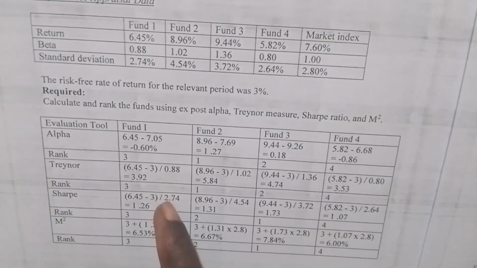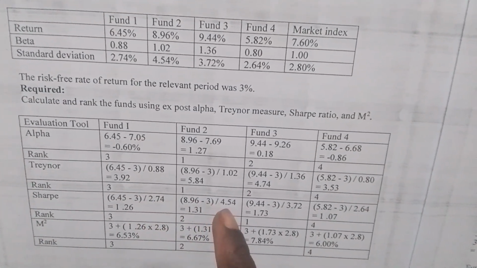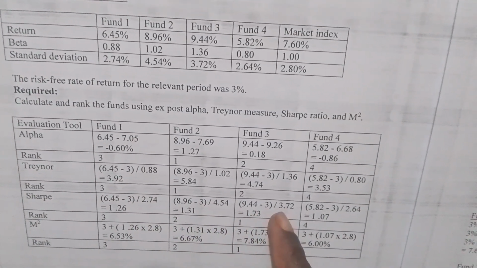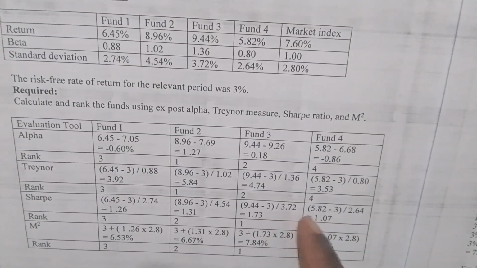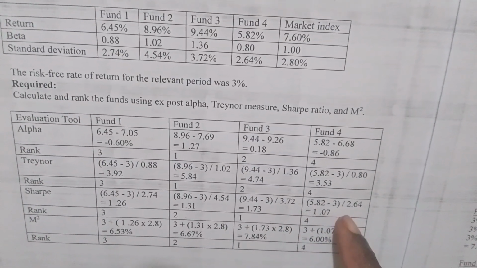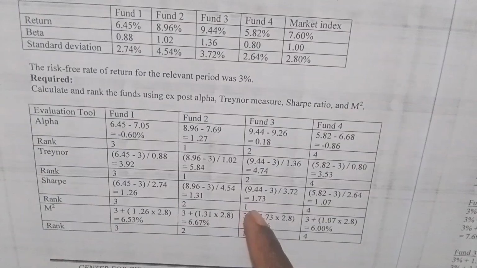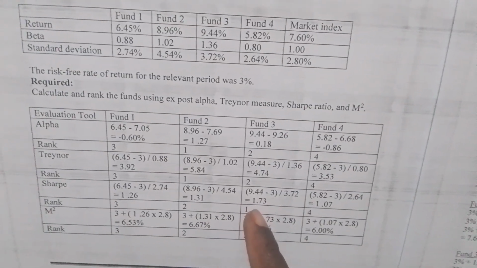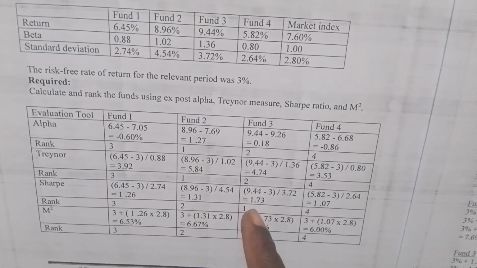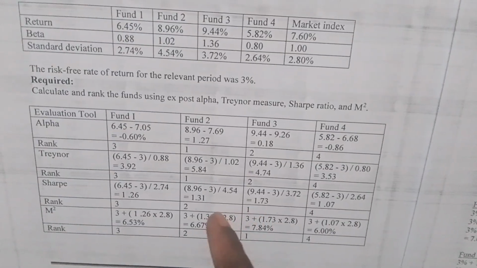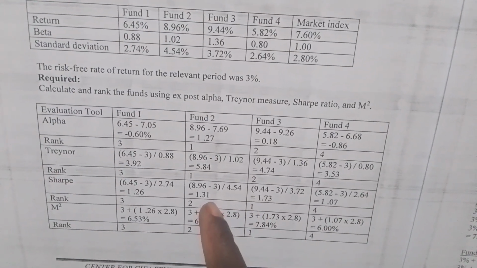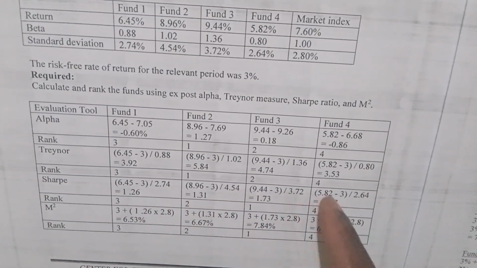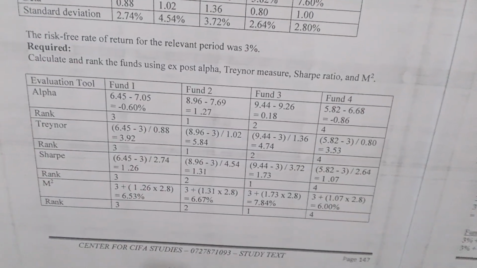For fund 1, 1.26, fund 2, 1.31, fund 3, 1.73, fund 4, 1.07. Ranking, you start with the highest. Fund 3 is the highest, followed by fund 2, followed by fund 1, and then fund 4.